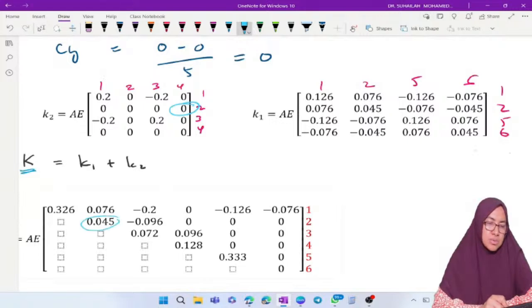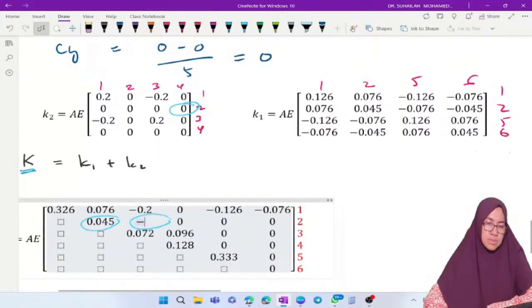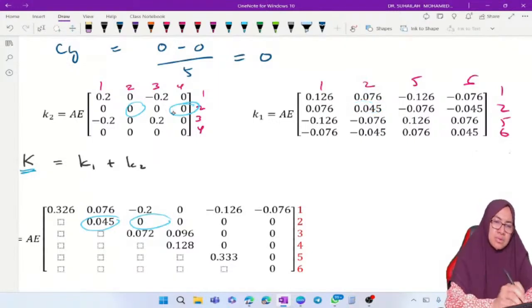This is 2, 2. This is 2, 3, which is 0. 2, 2 is 0.045. 2, 3 is 0. 2, 4 is also 0.